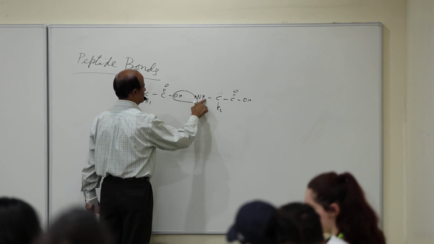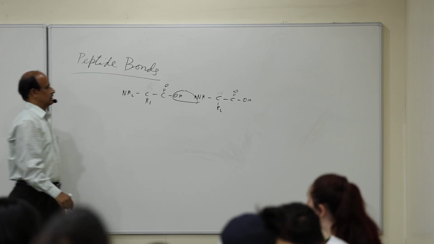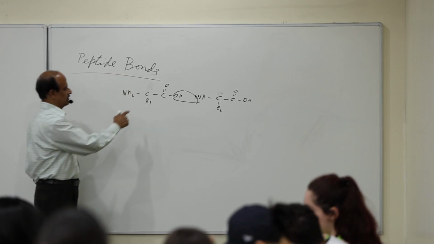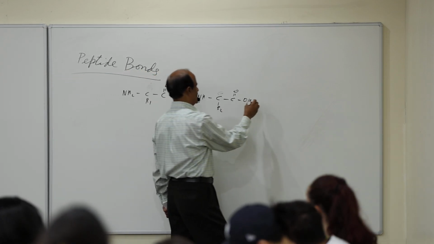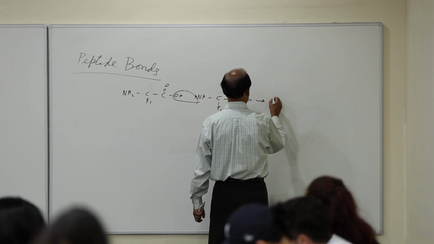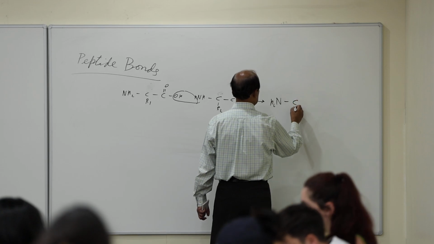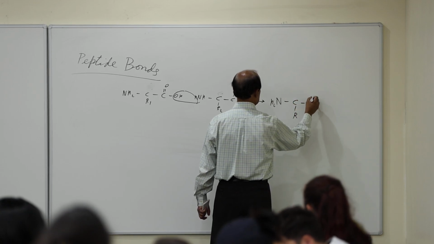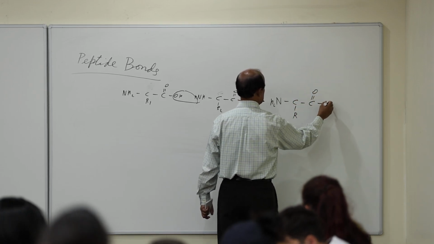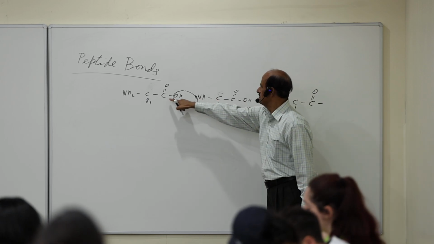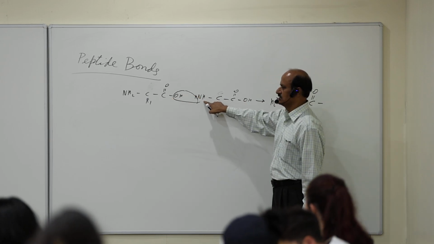Let me write the arginine here. And if you remove a molecule of water, you form a bond between the carboxyl group and the amino group. So this CO combined forms a bond with this NH.